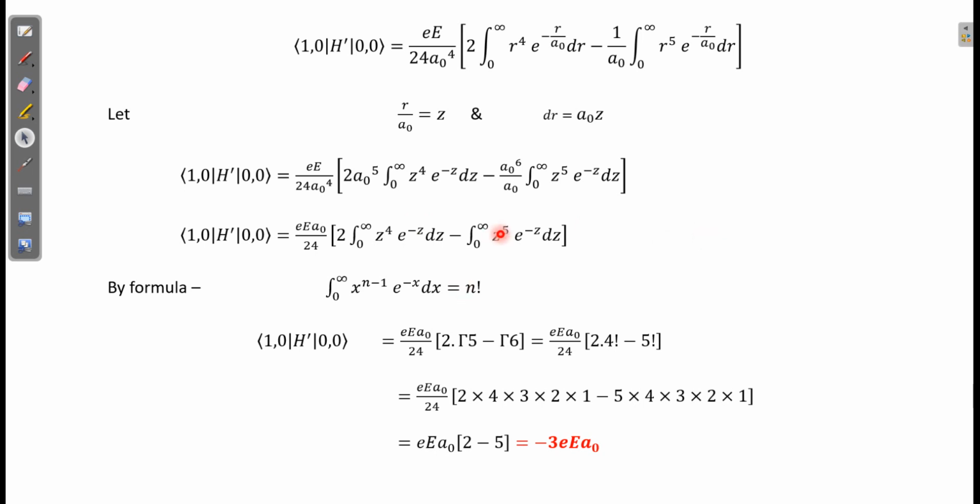In this case n minus 1 is equal to 5, so n is equal to 6. So this term gives 5 factorial, which is gamma 5, and this term gives gamma 6.